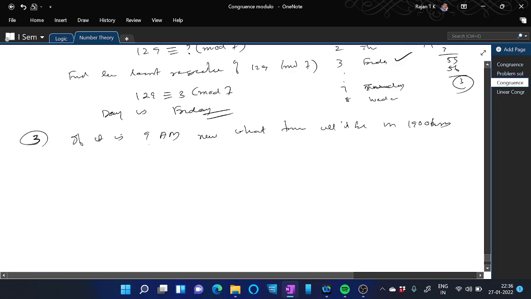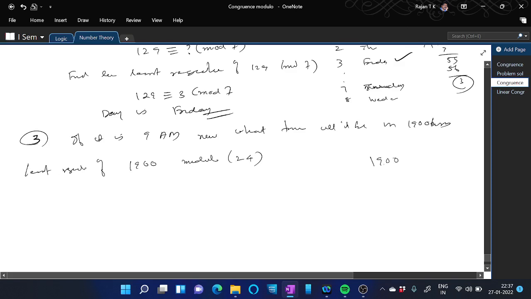Now we know that 9 a.m. repeats after 24 hours. So in order to find what time it will be after 1900 hours, you need to find only 1900 modulo 24. That is, find the least residue of 1900 modulo 24.